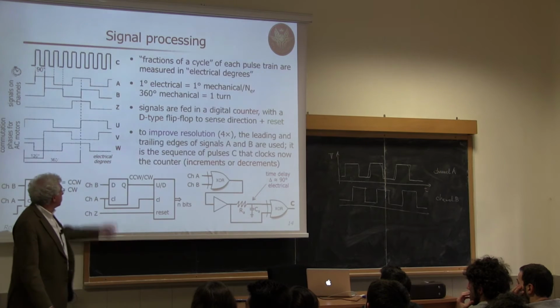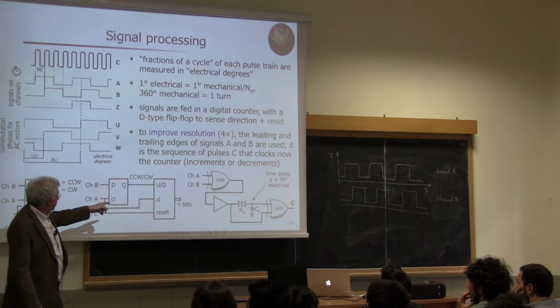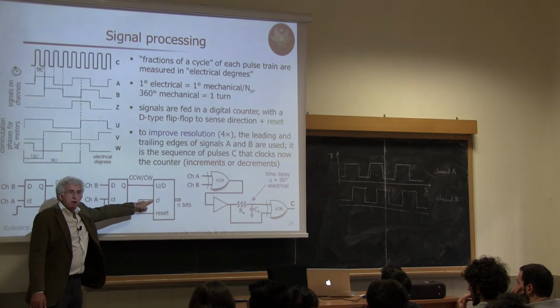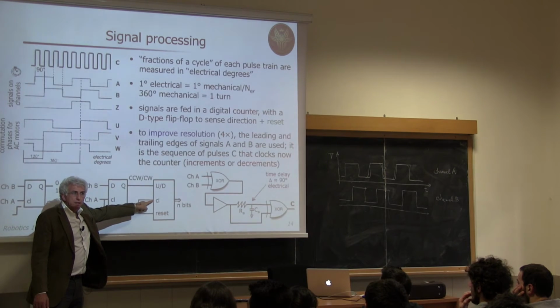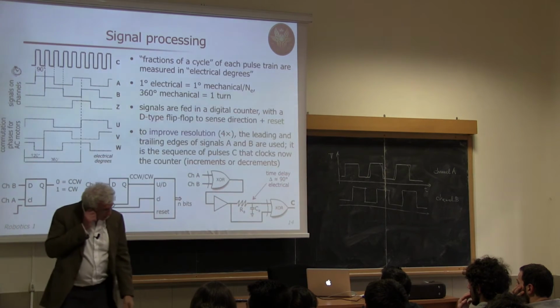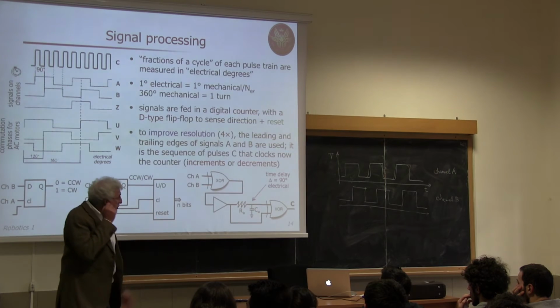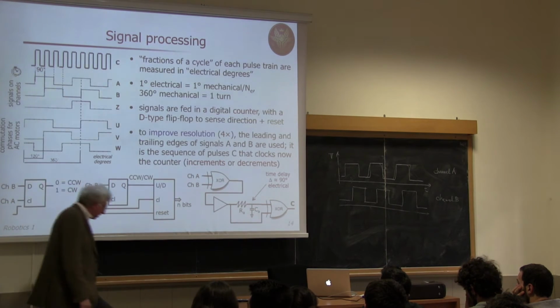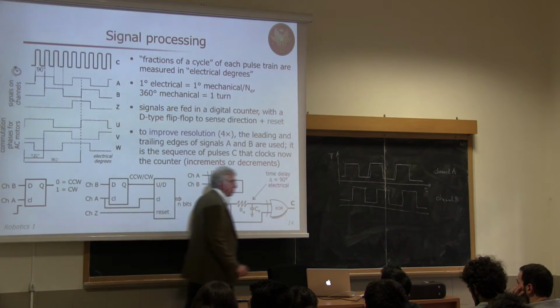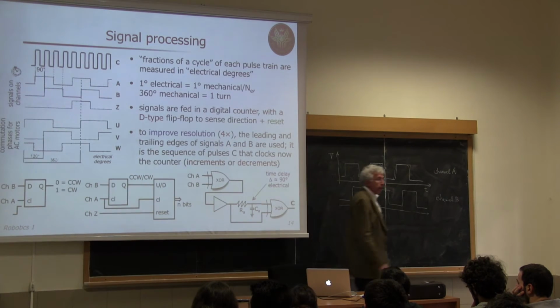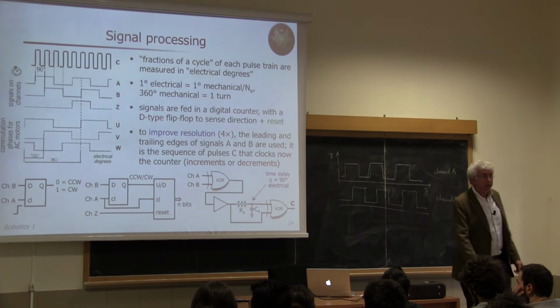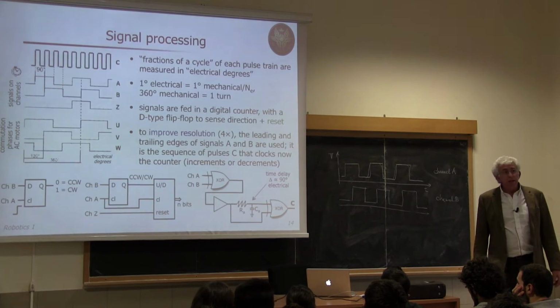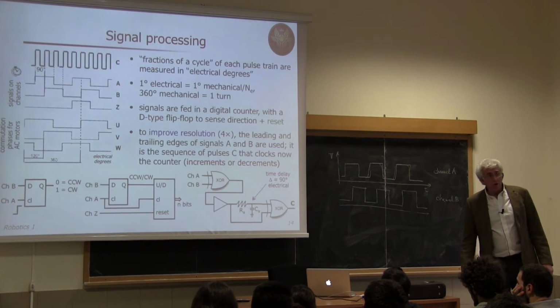Okay? So you will use this in order to drive the clock of the counter, so you can count more frequently. So if the original system had, let's say, 200 pulses per turn, you will have 800 pulses per turn, and the resolution will be improved by a factor of 4 accordingly.